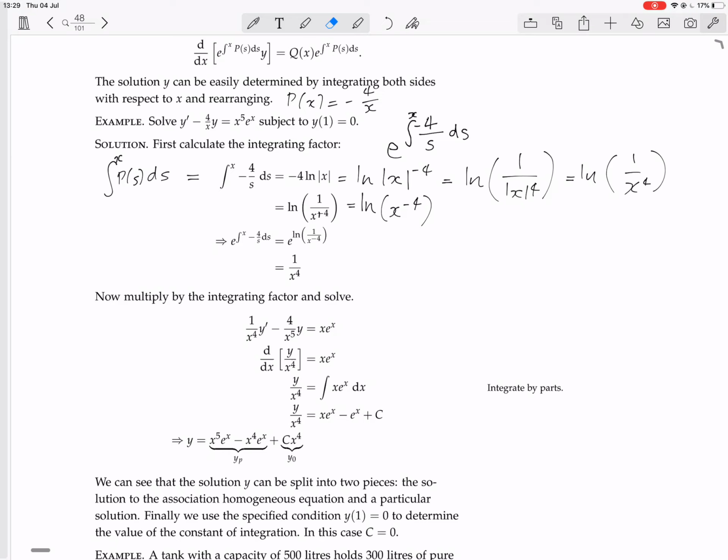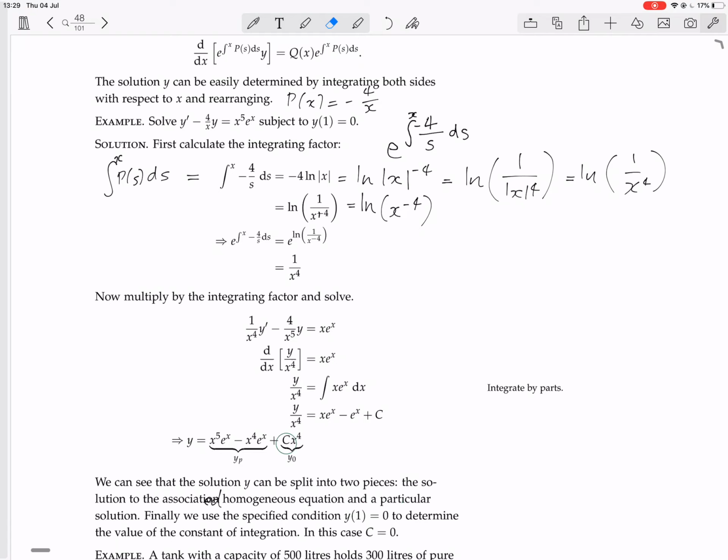Okay. So then you multiply through by the integrating factor. Yes, you get this. At any rate, you could check to see if this is the solution. So the solution can be split into two pieces: the solution to the associated homogeneous equation, that's this bit, and a particular solution.